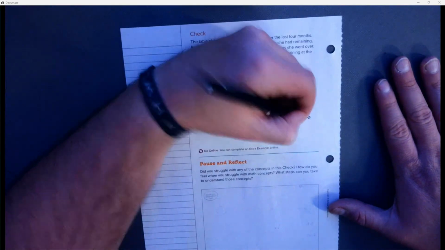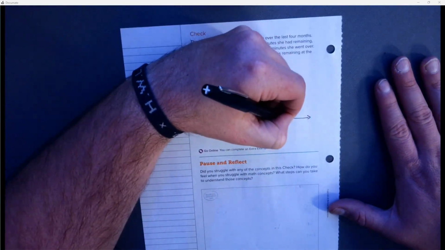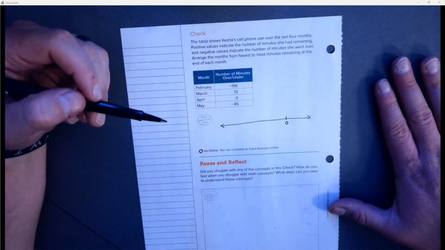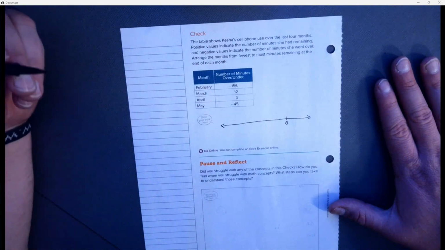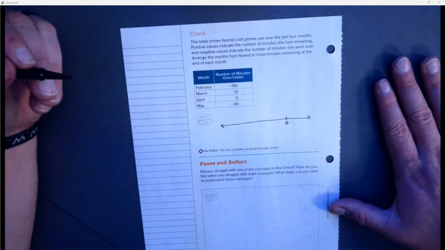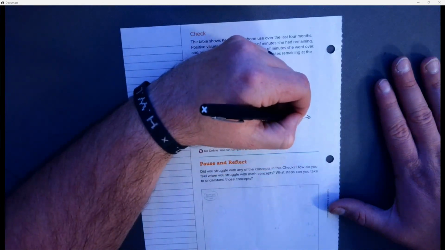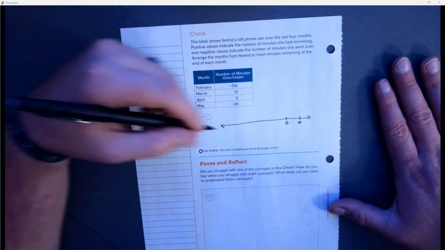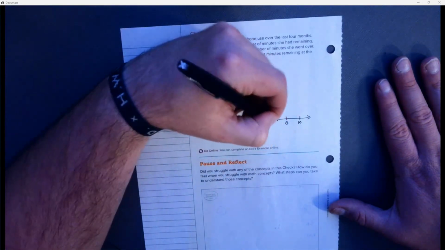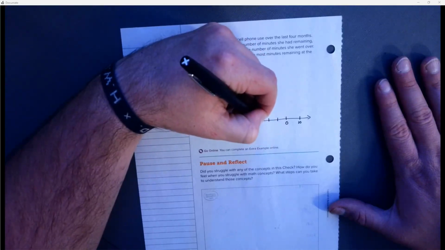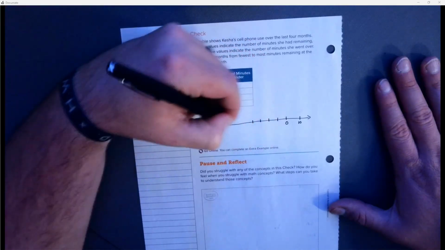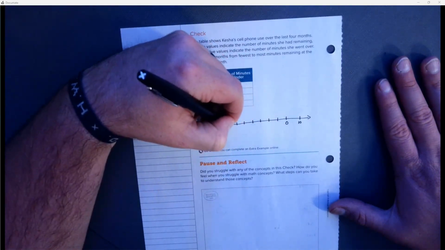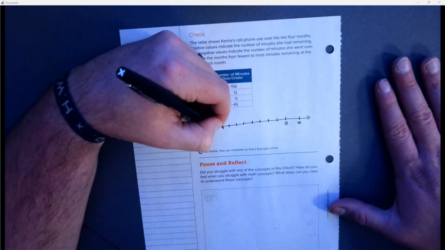So I'm going to start with 0. Put it right about here since I have a little bit of a positive number at 12. And I'm going to go in increments of 10. So I'm going to put a line here for 10. Then I'm going to work my way back. I'm going to do 10, 20, 30, 40, 50, 60, 70, 80.